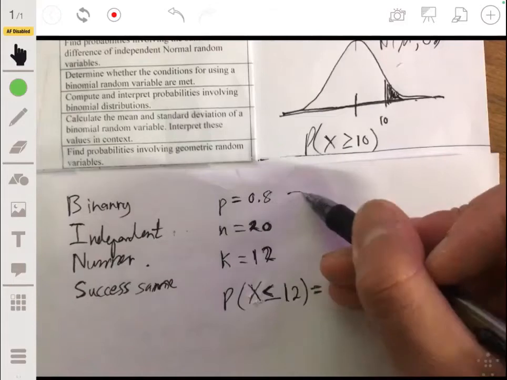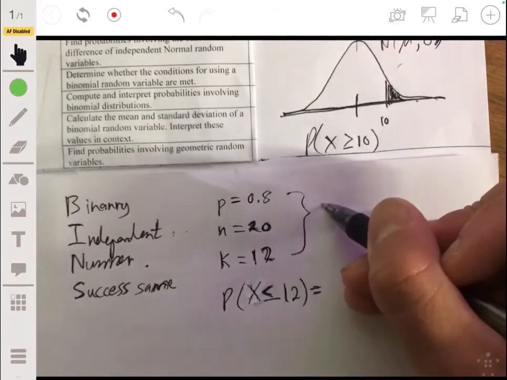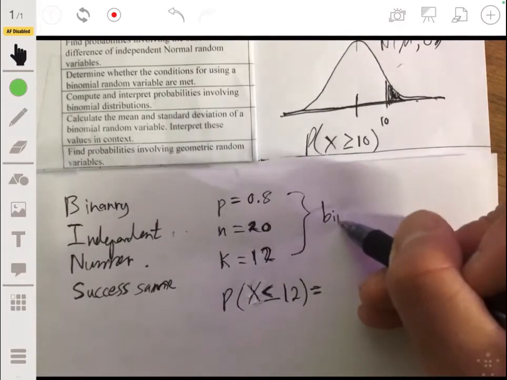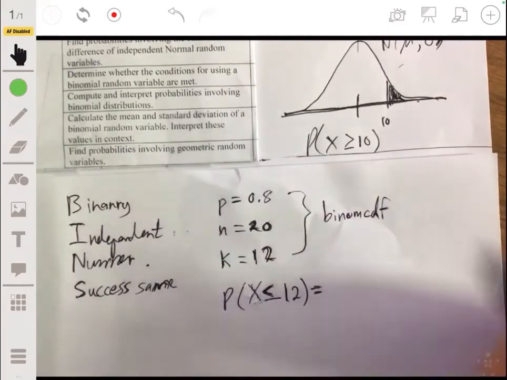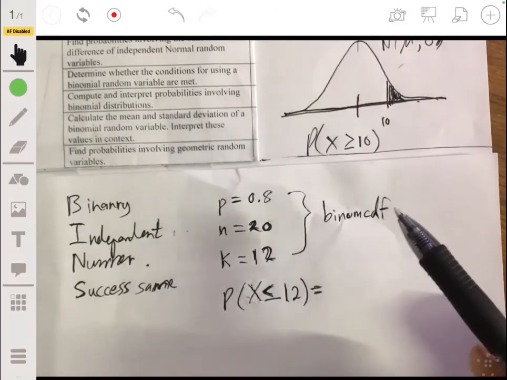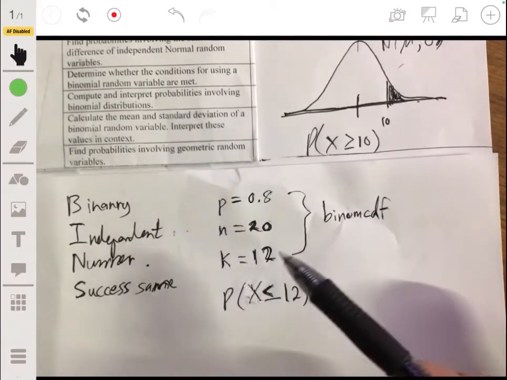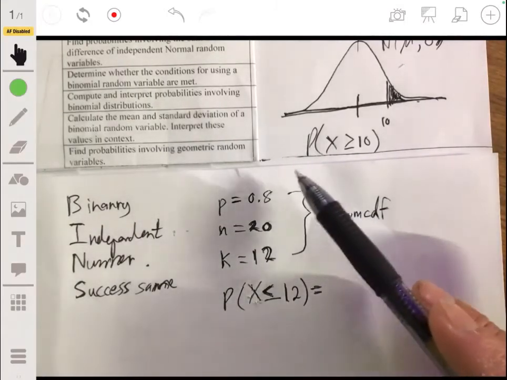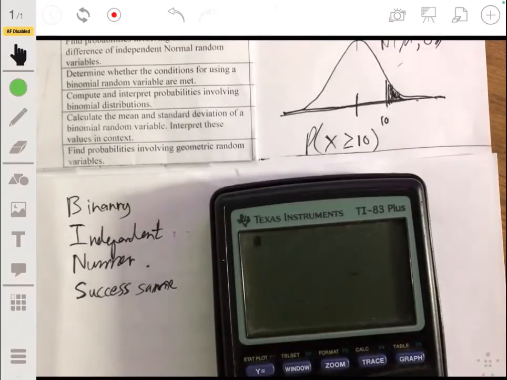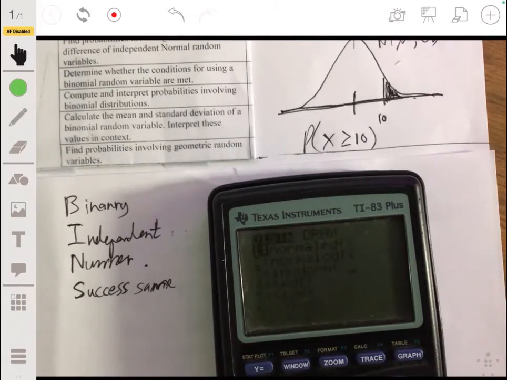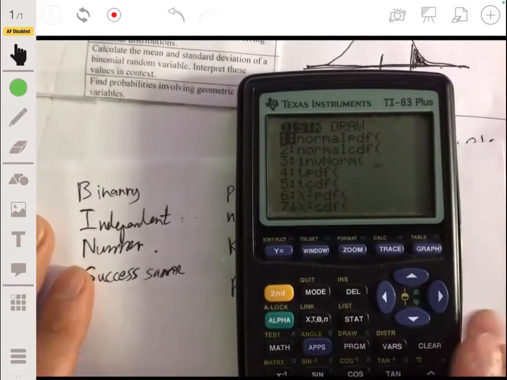And for this, we can actually use our calculator, which is very handy. We're going to use this function called binomial CDF. This is going to calculate the probability that you're going to get 12 or less successes, given that the probability of success is 0.8, and you're taking 20 trials. So for that, we would go into our calculator, go to stats, go over to distribution.